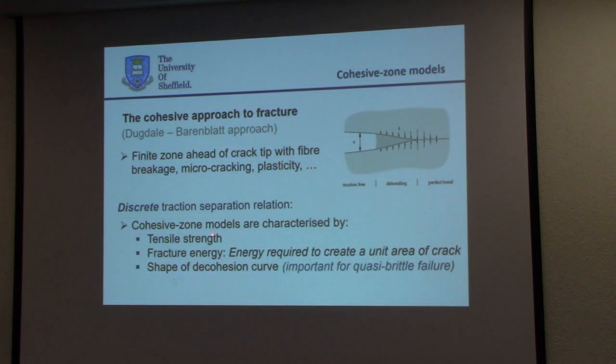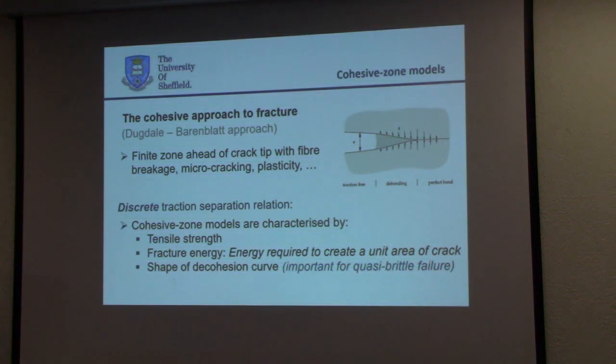Now, like linear elastic fracture mechanics, the tensile strength is one of the parameters. Like in linear elastic fracture mechanics, fracture toughness or fracture energy is one of the fundamental parameters. There's one big difference: where the fracture toughness is dissipated suddenly, in cohesive zone models it is a function of the crack opening.